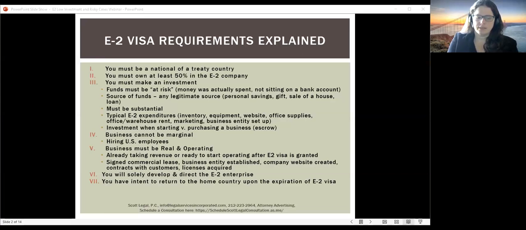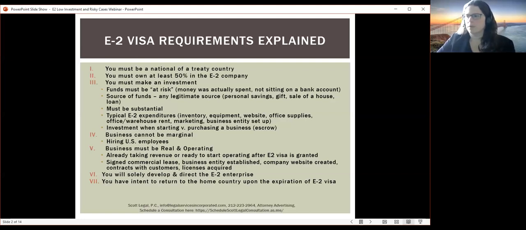The investment has to be substantial. This means that looking at the total costs of the business, the investment has to be enough to get that business to the point of being operational.